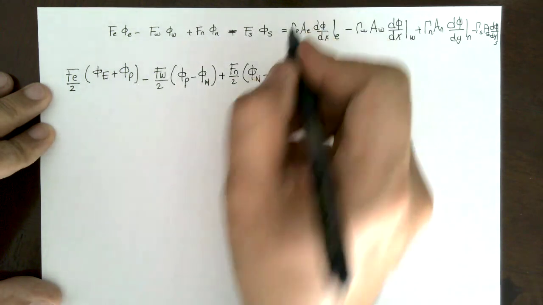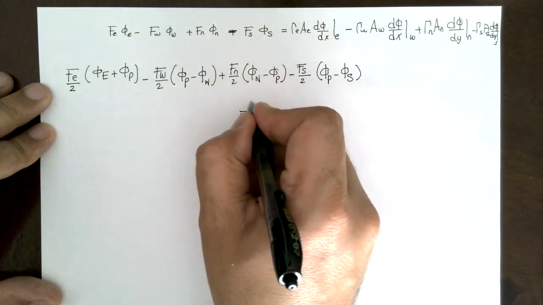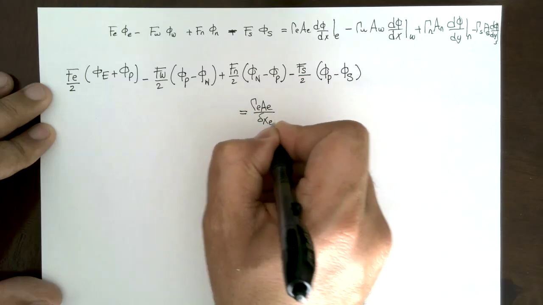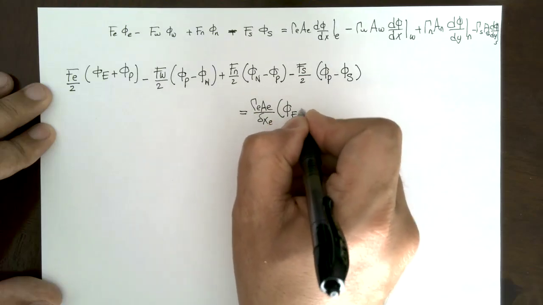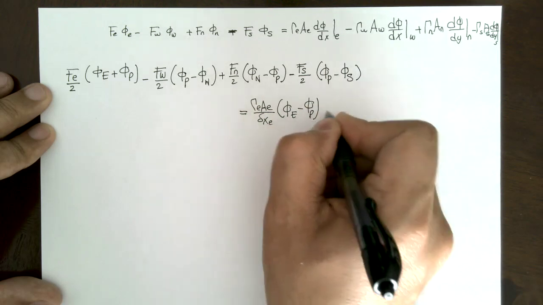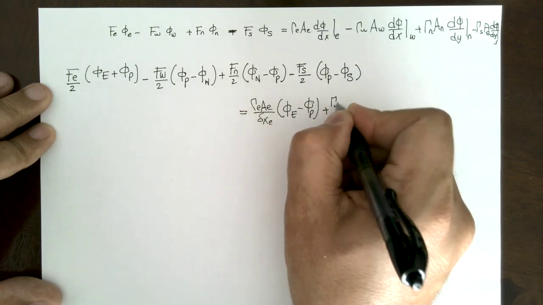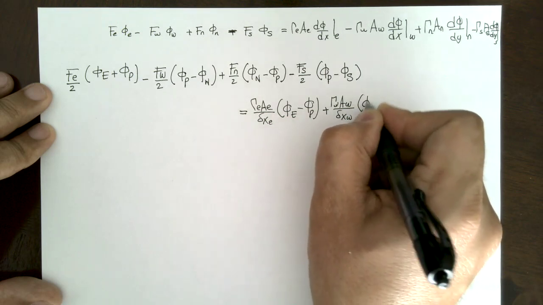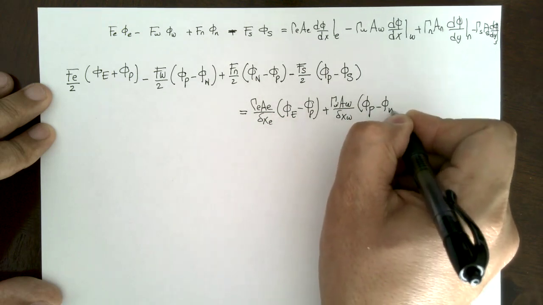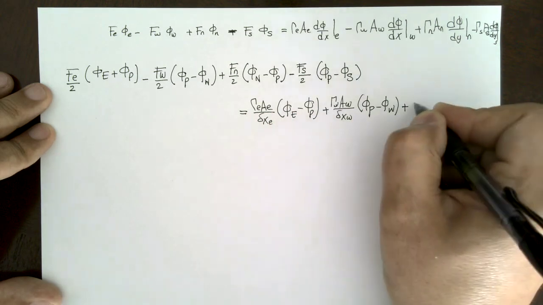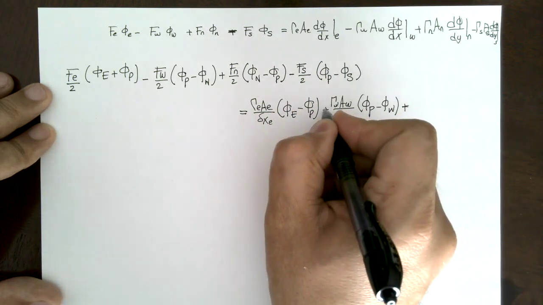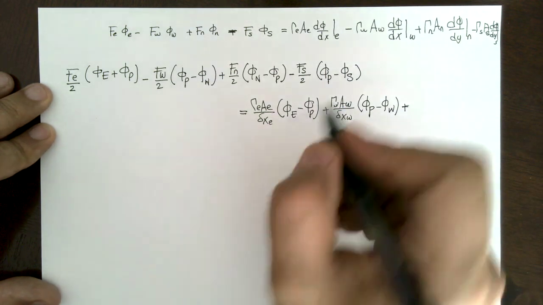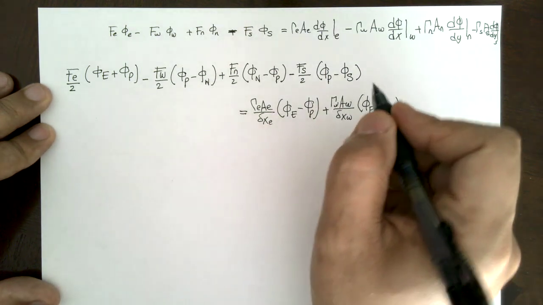should equal kappa east A east over delta X east, phi E minus phi P, plus the same for the west, but this time it will be phi P minus phi west, minus, yeah, that's minus.